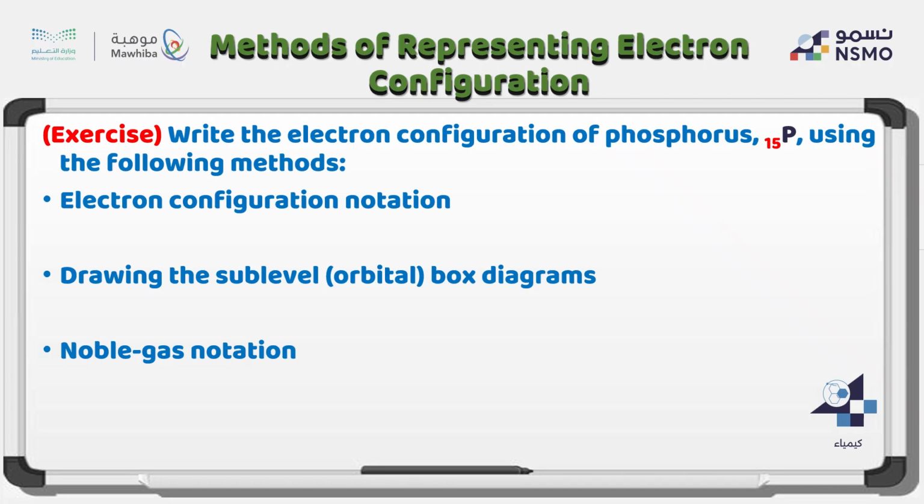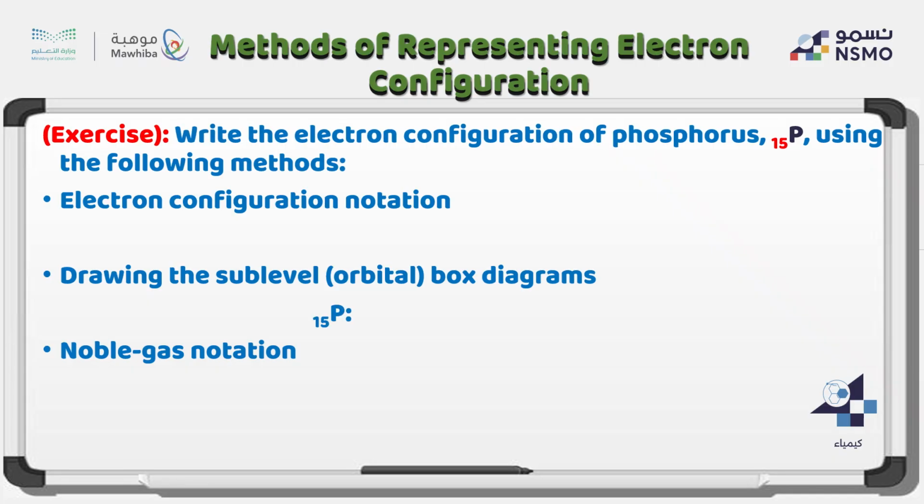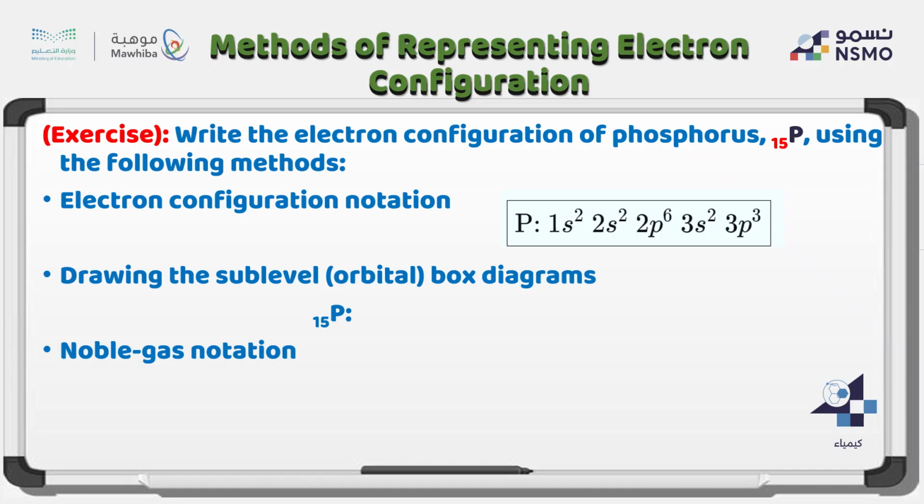We'll start with the first one, electron configuration notation. Phosphorus has 15 electrons. Filling orbitals in order gives 1s2, 2s2, 2p6, 3s2, 3p3.